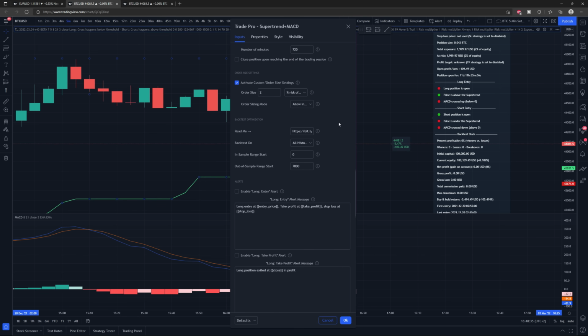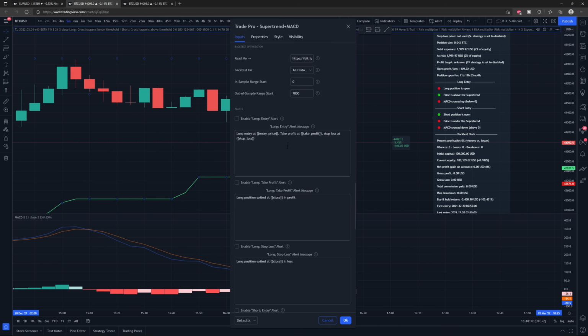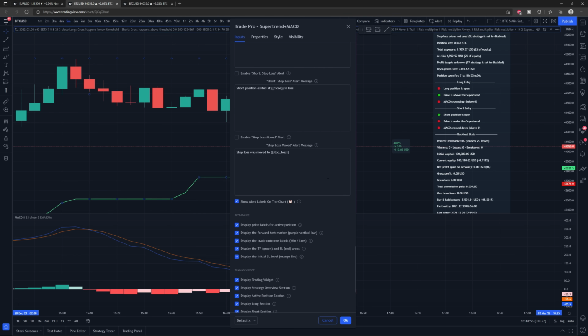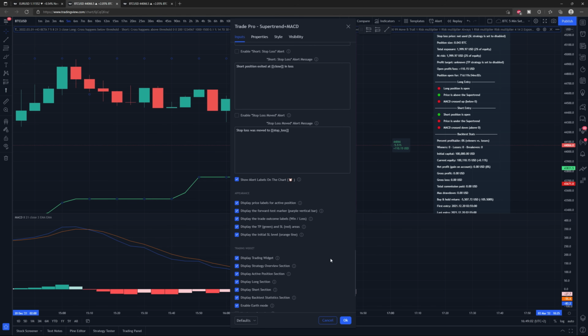So last, we will just kind of go over the alert section down here, so you can set up webhooks if you wish to set it up with an automated trading service, or just set basic alerts to give you alerts when a signal is given from the strategy. You can set it up to get an alert to your phone if you have the TradingView app, or email alerts, text alerts.